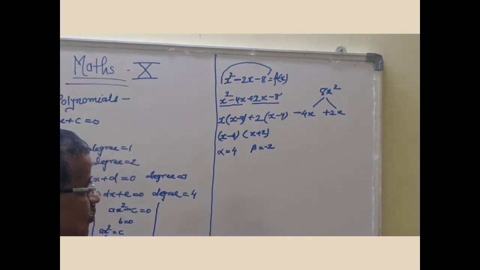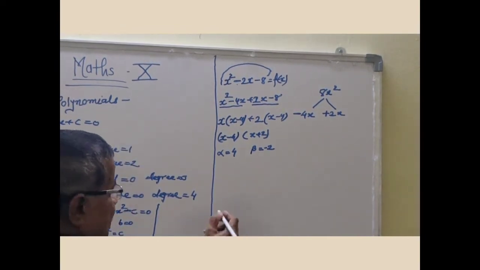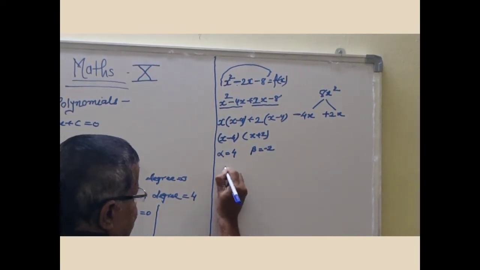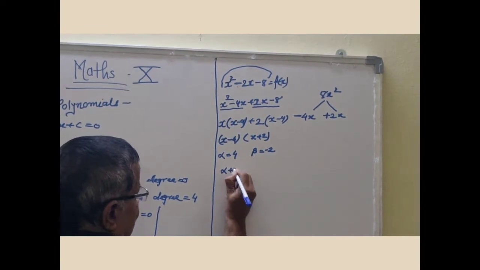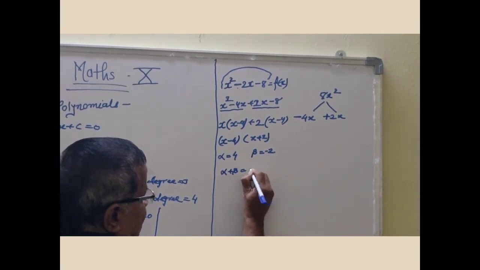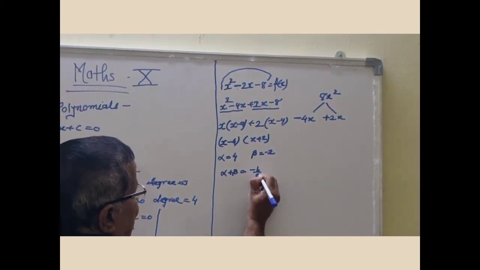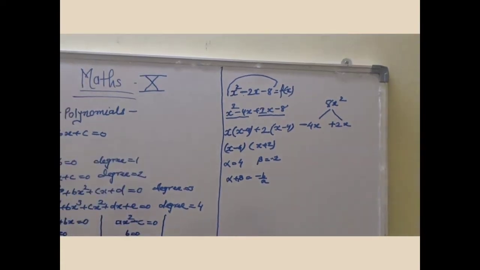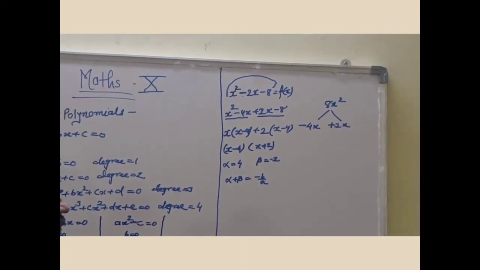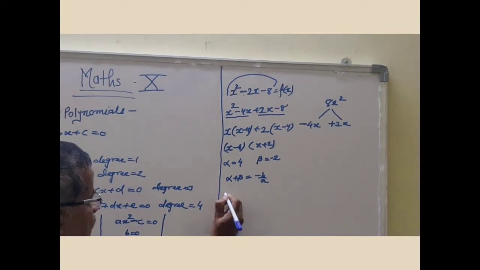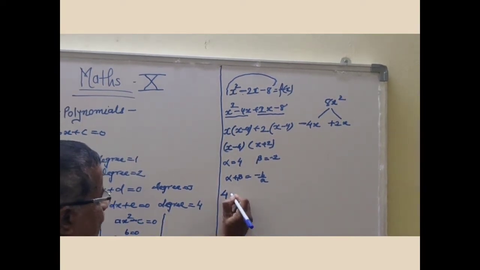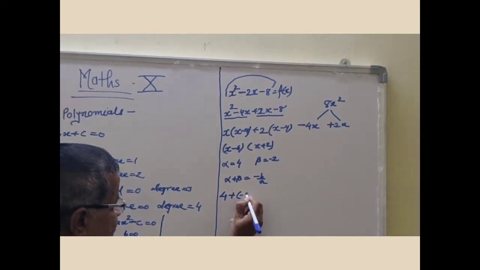Now I want to verify the relationship. The sum is alpha plus beta is equal to minus b by a. So I am substituting the values of alpha and beta here. Alpha is 4 and beta is minus 2.